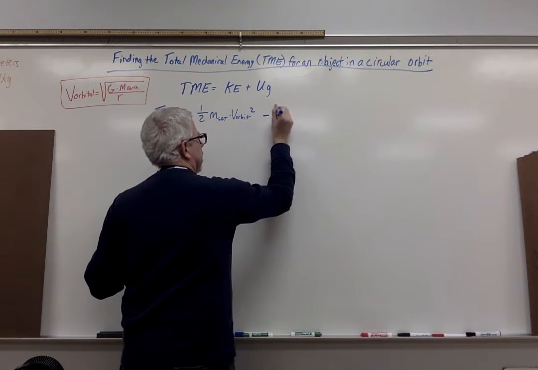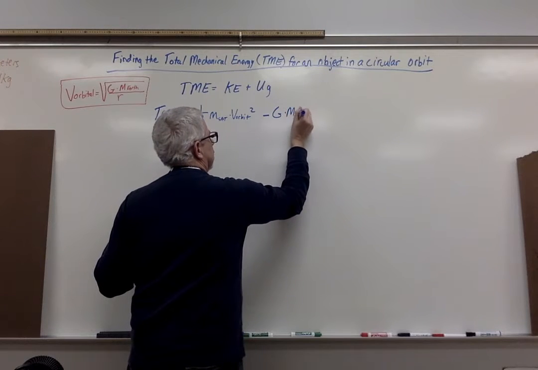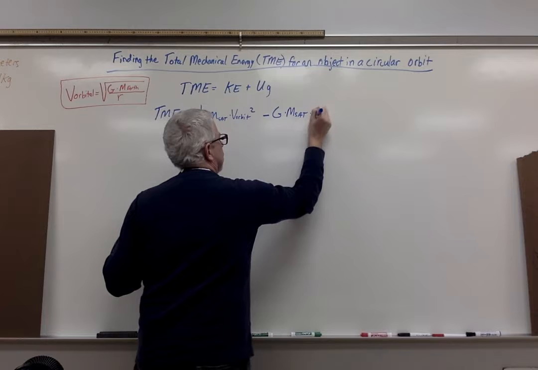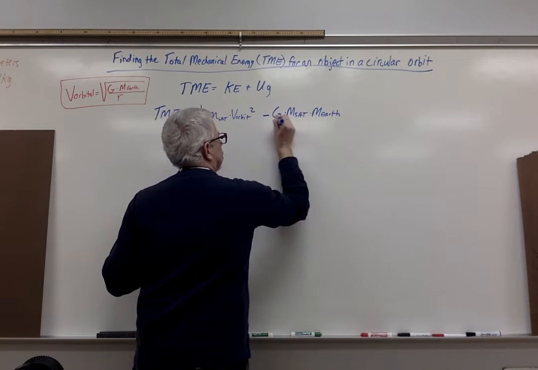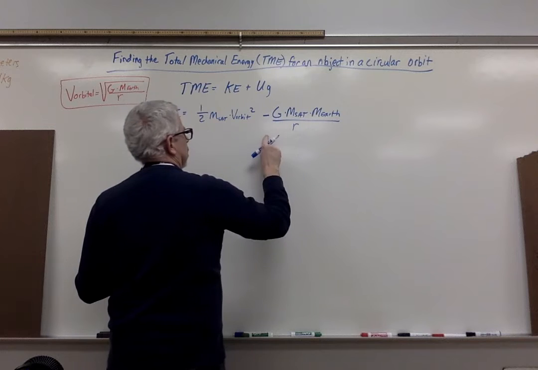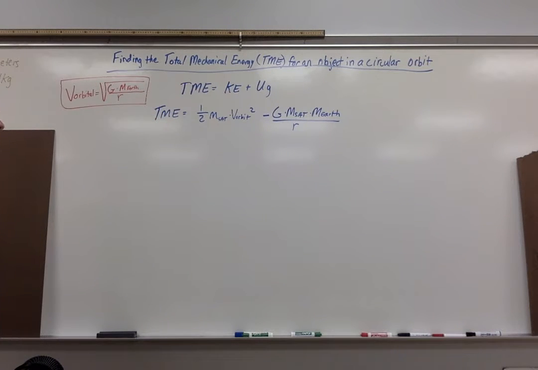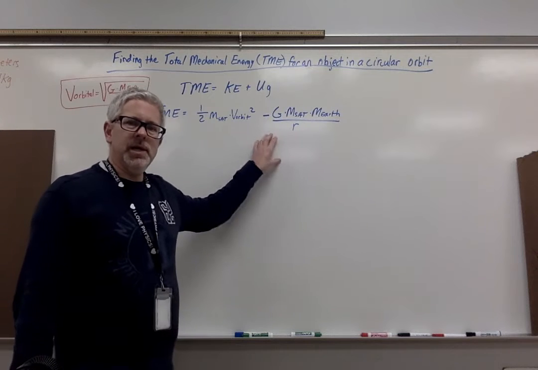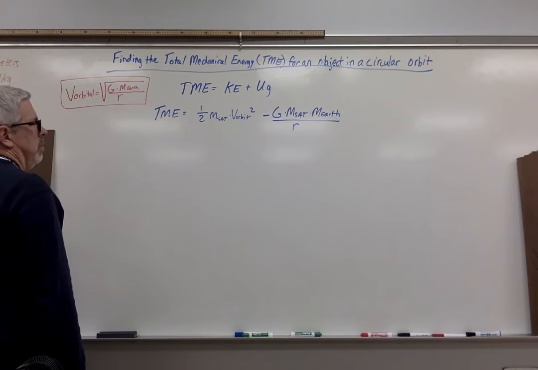And U grav is going to be negative, so I'm going to subtract that: big G, m satellite, m planet, in this case it's going to be the Earth, over R. So that's negative G m1 times m2 over R, something you should be starting to get pretty comfortable with. Okay, well now what do we do?